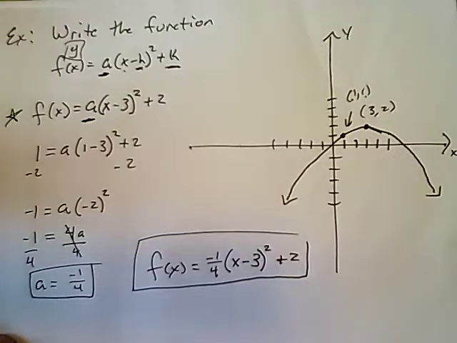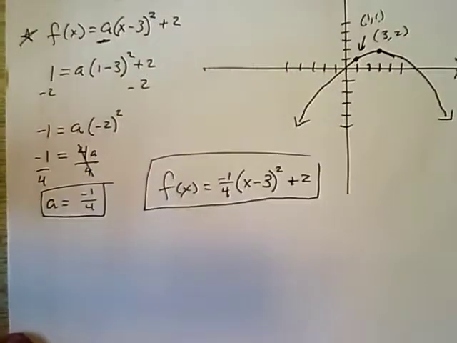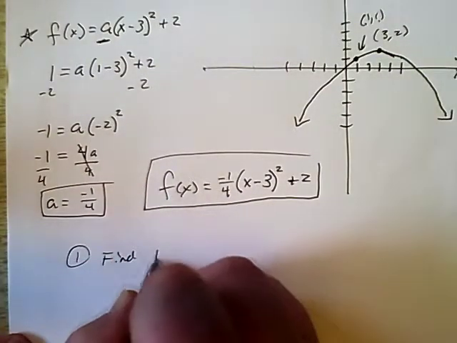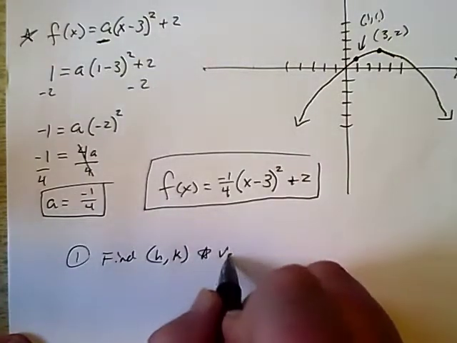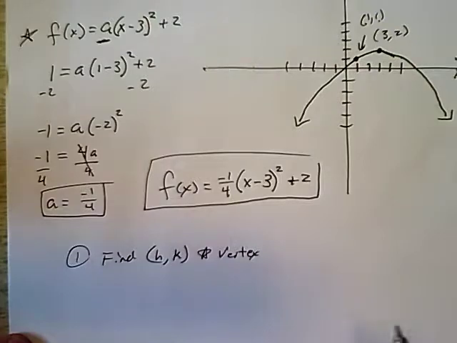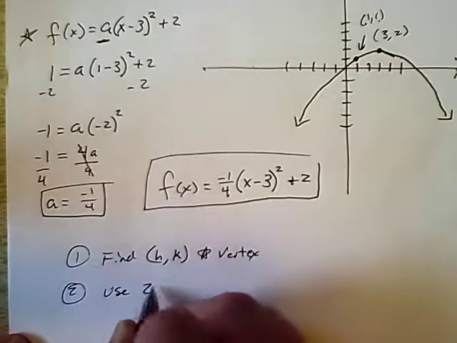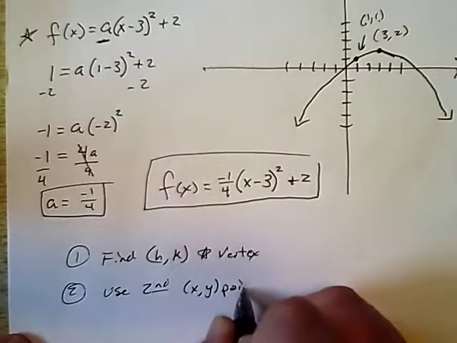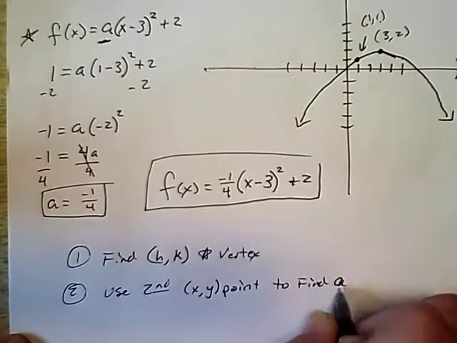I'm going to try and make this a little bit simpler, and maybe give you a couple of steps to follow. Number one, I need to find h and k. That's my vertex. That's the easy point to find. And number two, I'm going to use a second x, y point to find a.